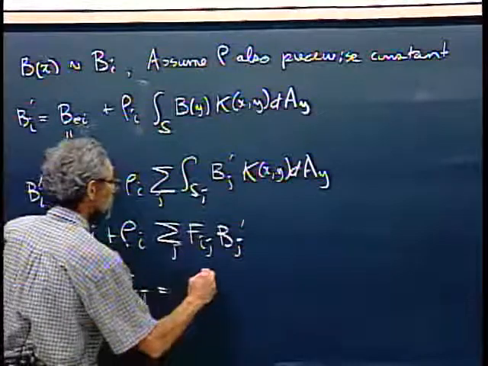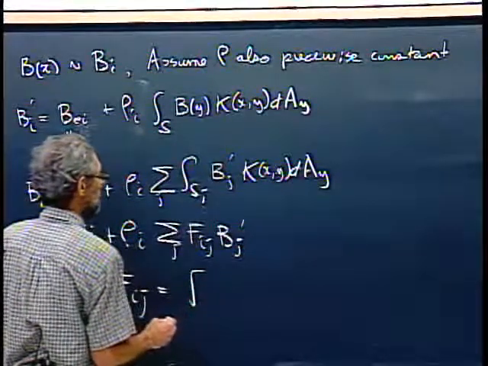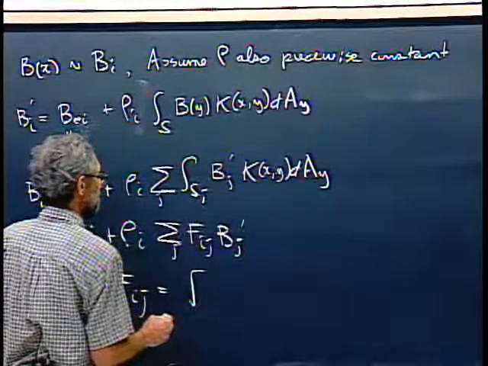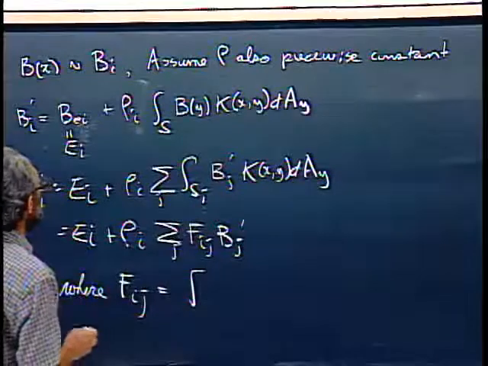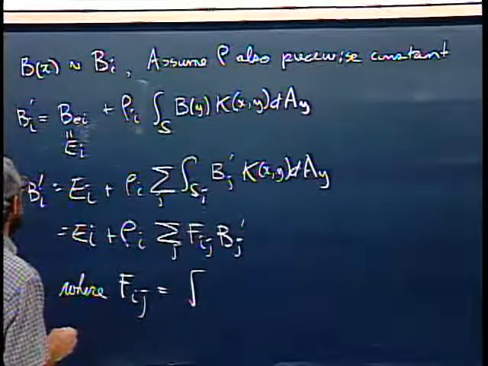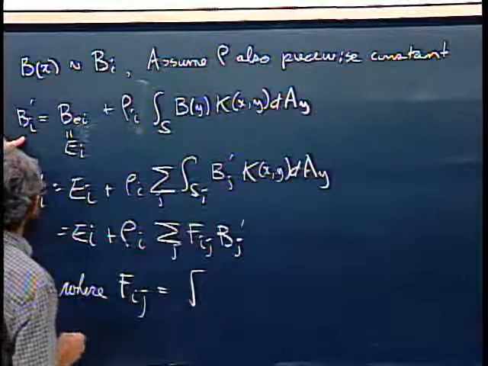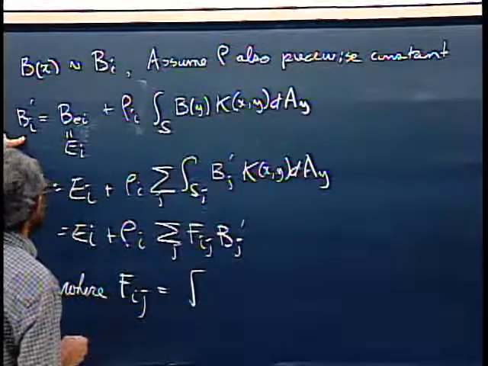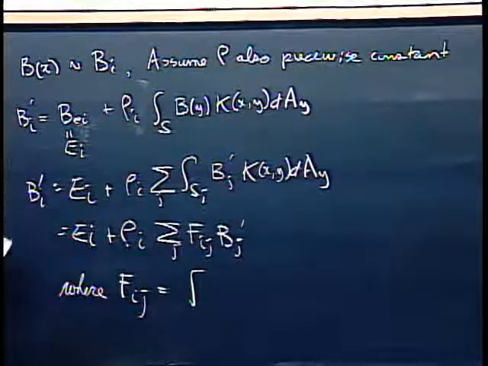Fij is the integral, well, let's see. I'm missing something. This one is supposed to be the average radiosity. So I missed a step here.